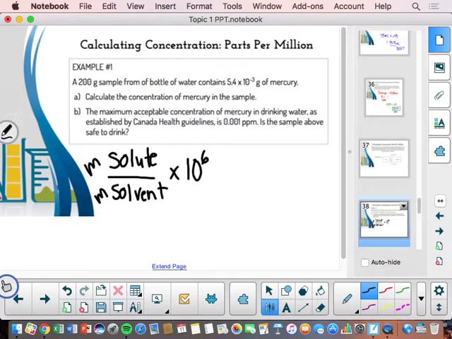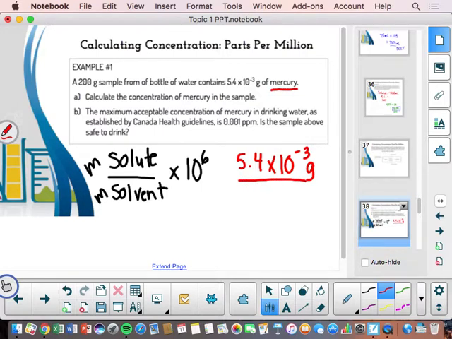All right, so the example says 200 grams of a sample from a bottle of water contains 5.4 times 10 to the negative 3 grams of mercury. So we've got all of the information that we need in that question. We've got the mass of the solute, the small thing, which is 5.4 times 10 to the negative 3 grams, and that's of mercury.